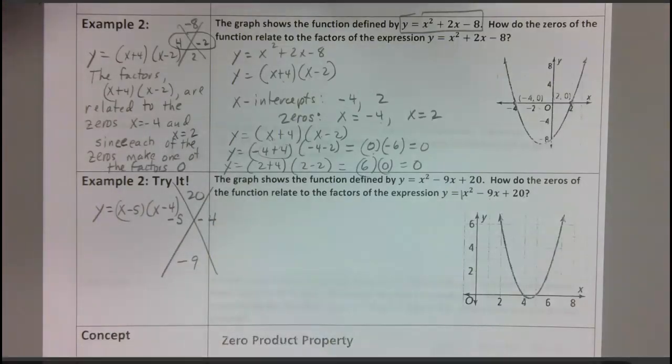Okay? Now let's look here. Where does it intersect the x-axis?